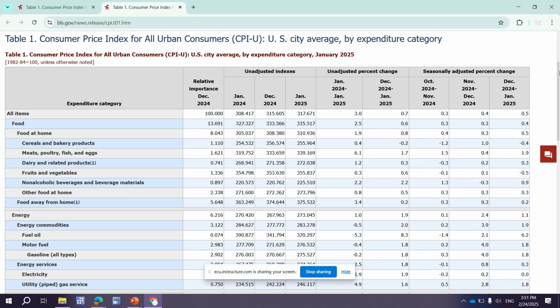This CPI is for all urban consumers and is thought to cover 87% of our population's purchasing experience.